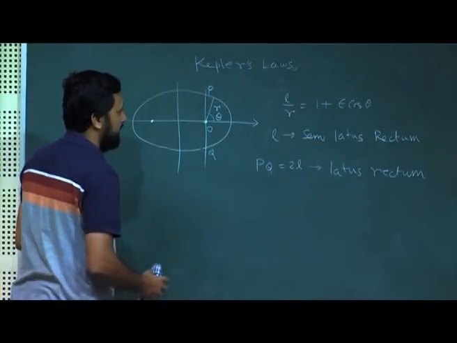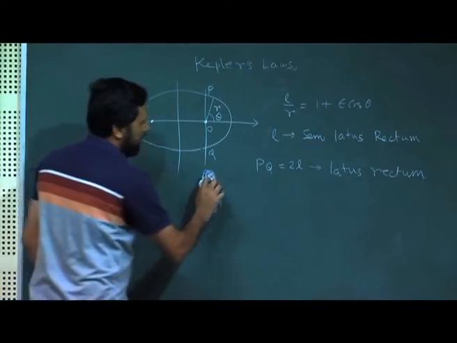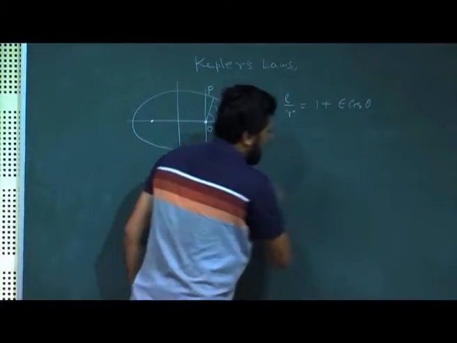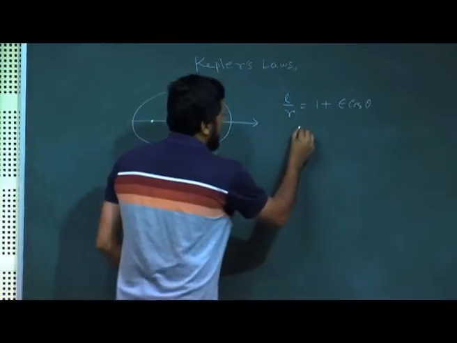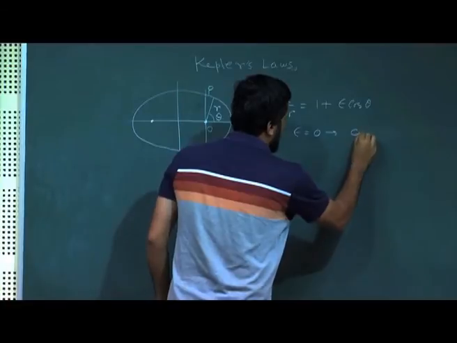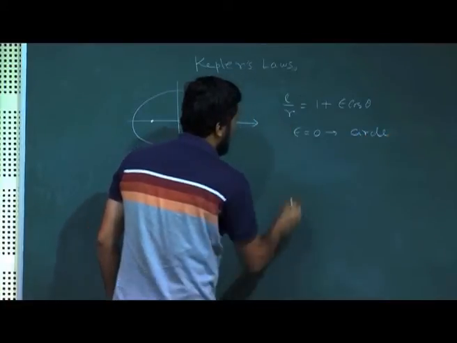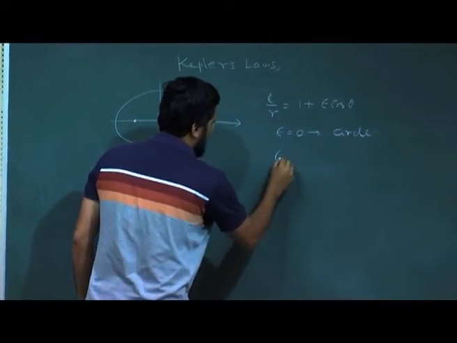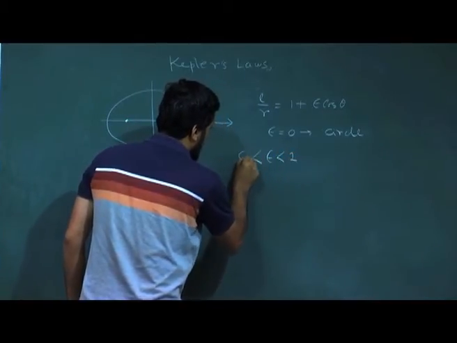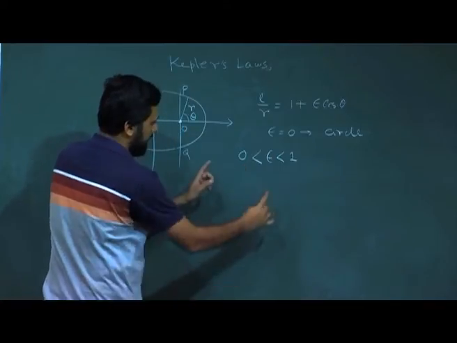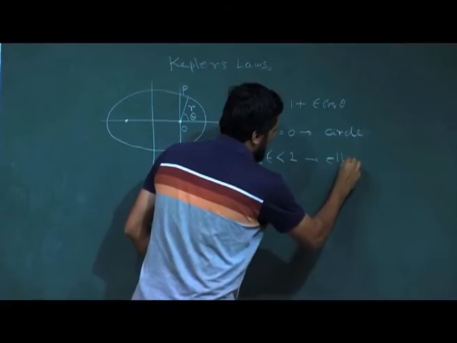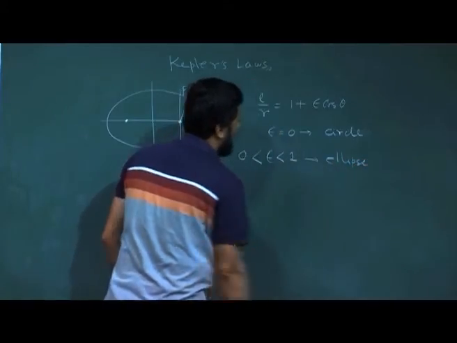Epsilon, of course, is the eccentricity, and we can show that for epsilon equal to 0, we get a circle. For epsilon less than 1 and greater than 0, that means if epsilon lies between 0 and 1, we get an ellipse.